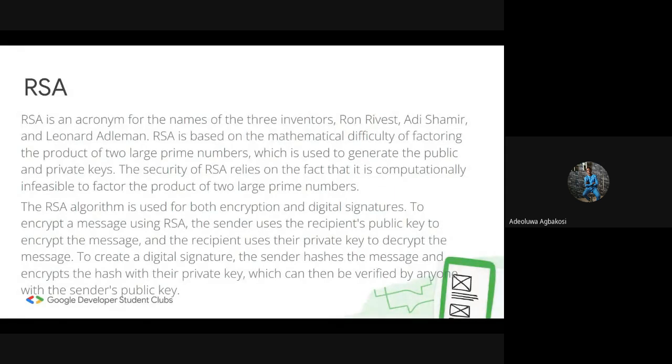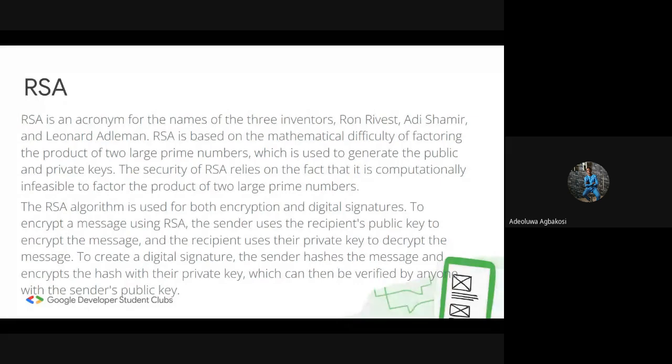Now, a digital signature is a mathematical technique used to validate the authenticity of a document. If I send you a document and I used asymmetric key cryptography to encrypt it, you can verify that the document is originally from me using my public key.